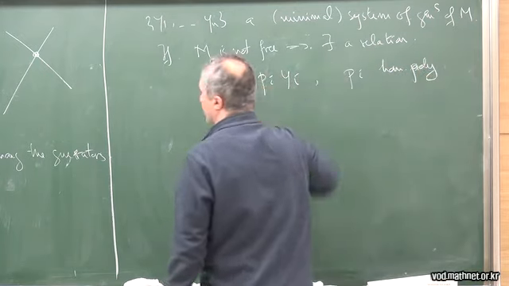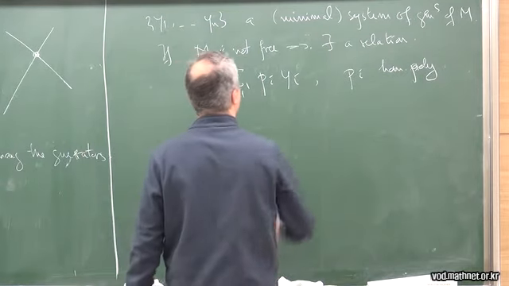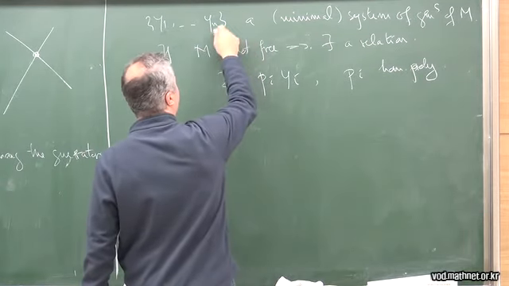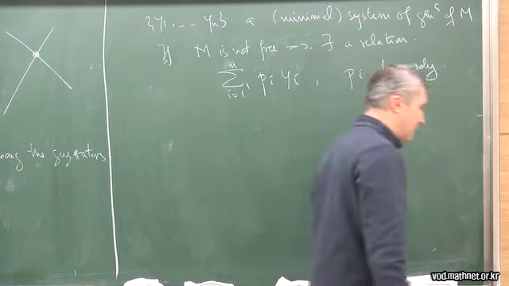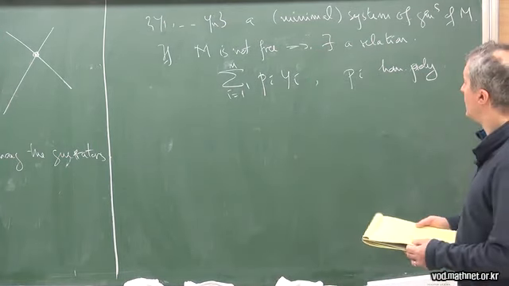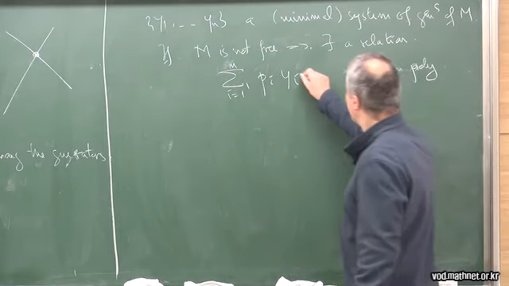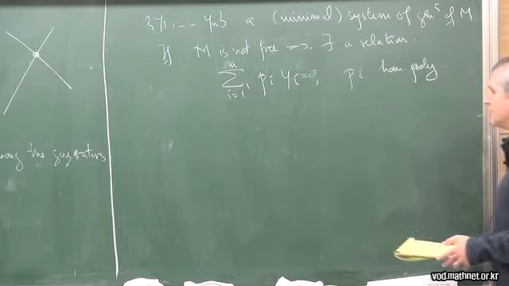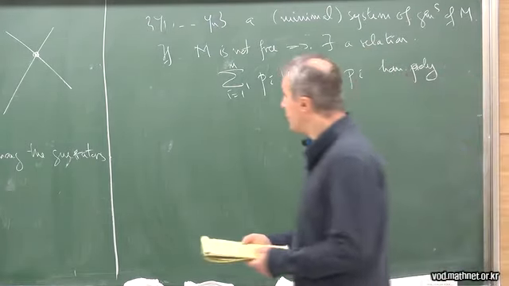Since everything is graded, the yi can be taken to be homogeneous. Equal to 0. Okay. So we have a syzygy.